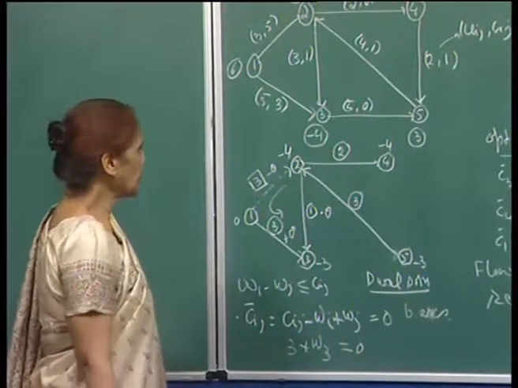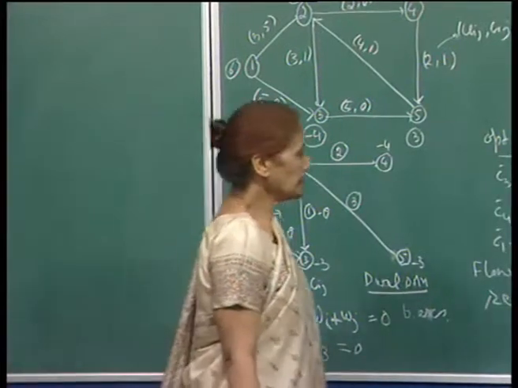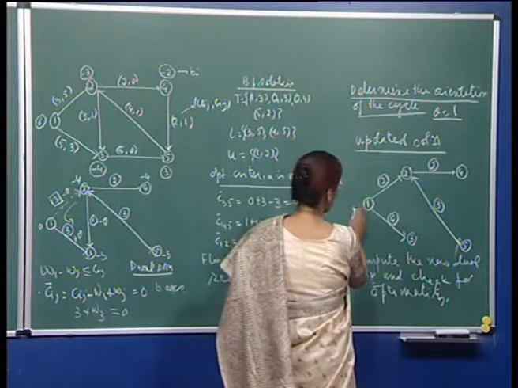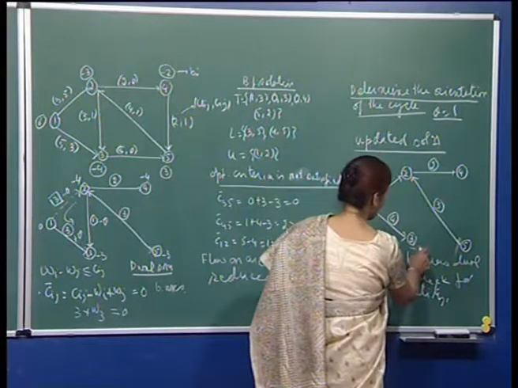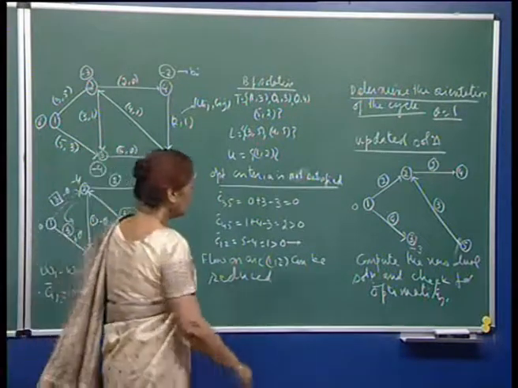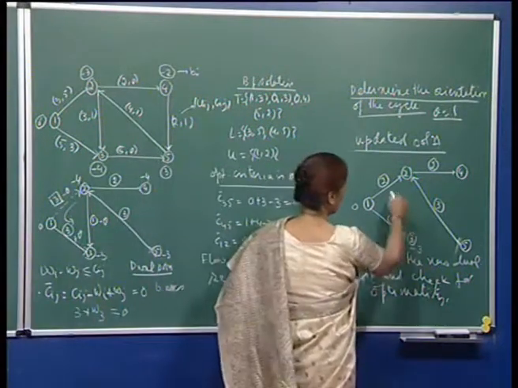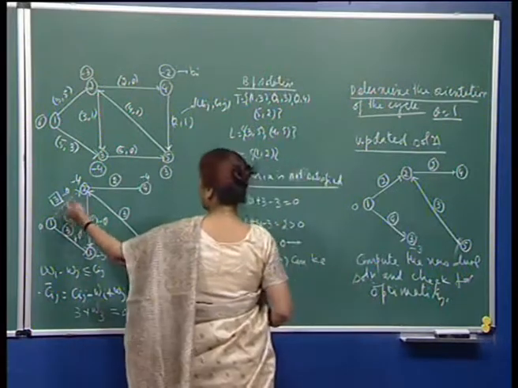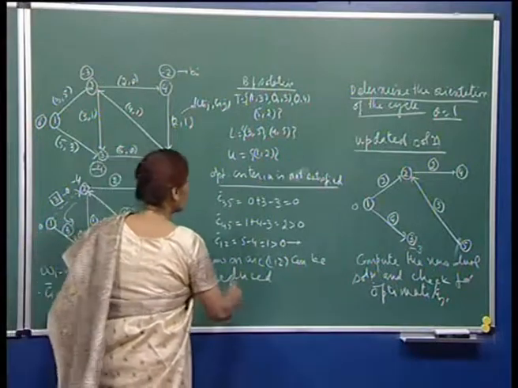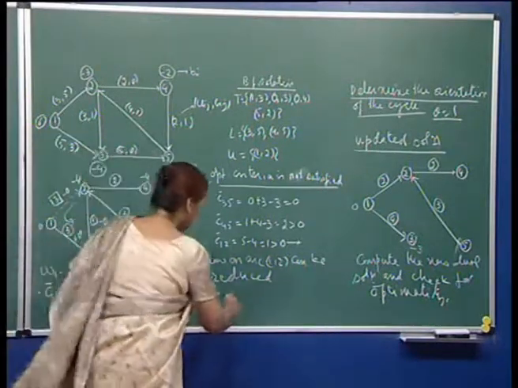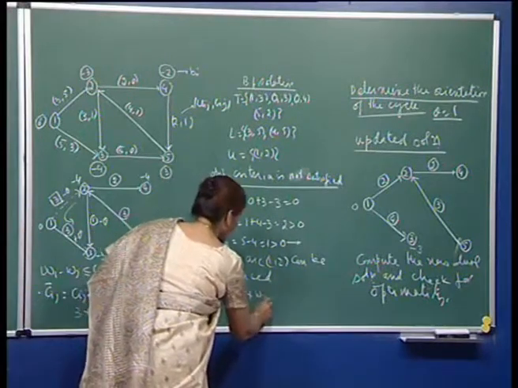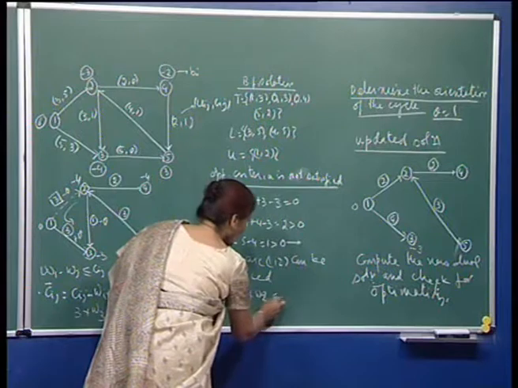So, I am just trying to translate it through this example, and now of course, let us compute the new dual solution. So, once you take this 0, this will remain minus W3, well, W3 is minus 3, right, and now you need to do it for this 2. Here again the same thing, you can do it in the same way, because the cost is 5. So, 5 plus W2 is 0.